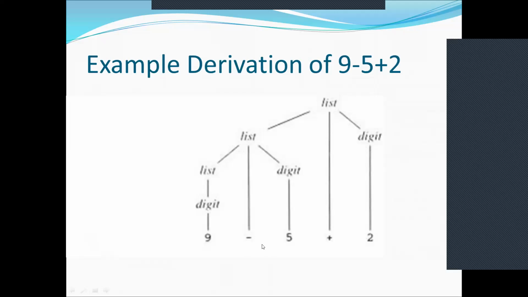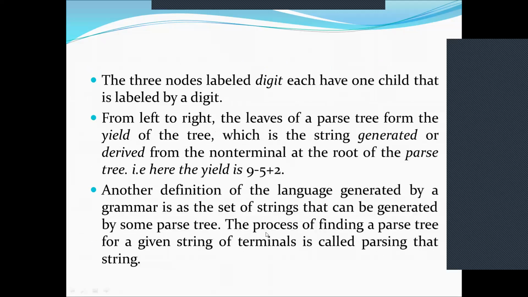All these leaves form the yield of the tree, which is the string generated or derived from the non-terminal at the root of the parse tree. So here the yield is 9 minus 5 plus 2. This is the set of leaf nodes of the tree.